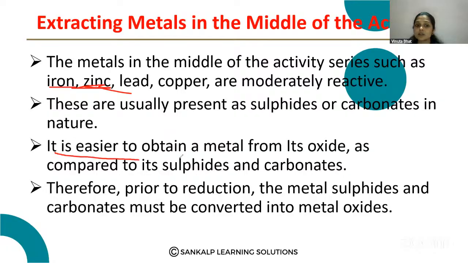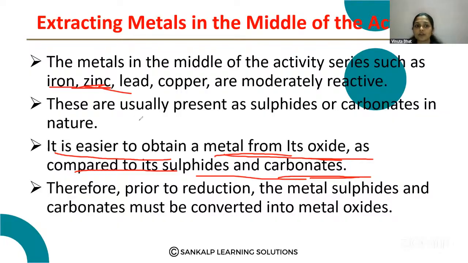It is easier to obtain a metal from its oxide as compared to its sulfides and carbonates. What is the meaning of this sentence? It is easy to obtain the metal from its oxide. So rather than obtaining the metal directly from the sulfide or carbonate, we have to convert them into the oxide form.